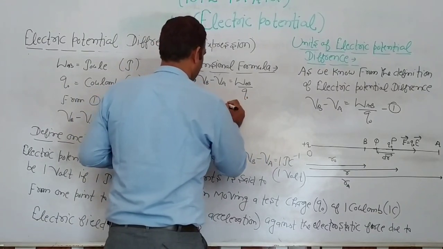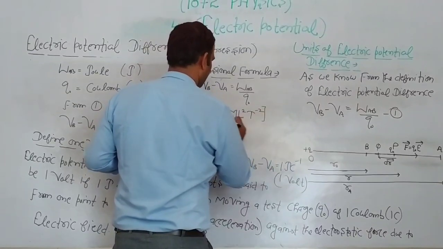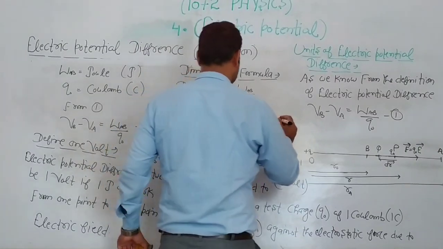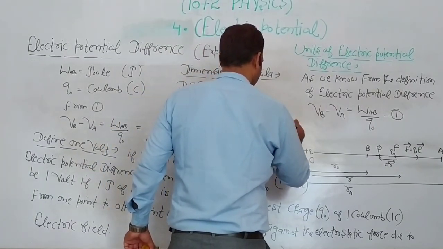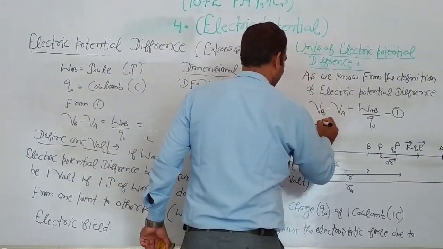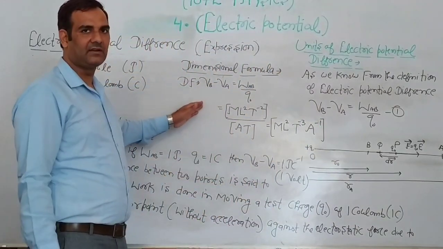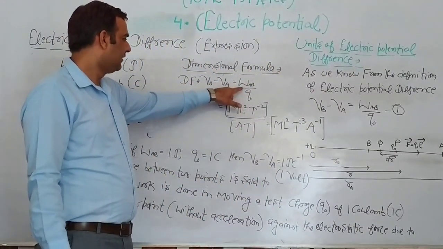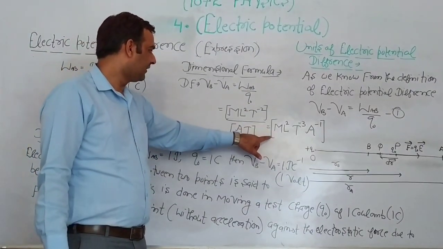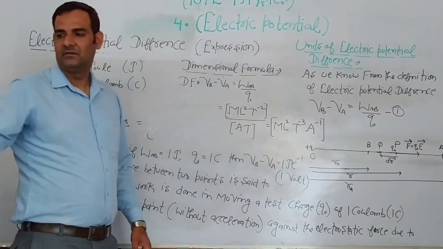For work it is M L2 T minus 2, and the dimensional formula for charge is A T. So the dimensional formula of electric potential difference is work upon charge, which is written as M L2 T minus 3 A minus 1. Thank you. Have a nice day.